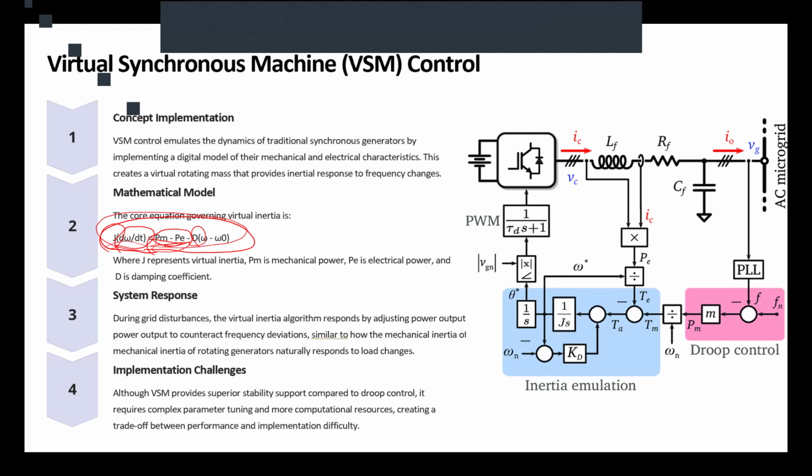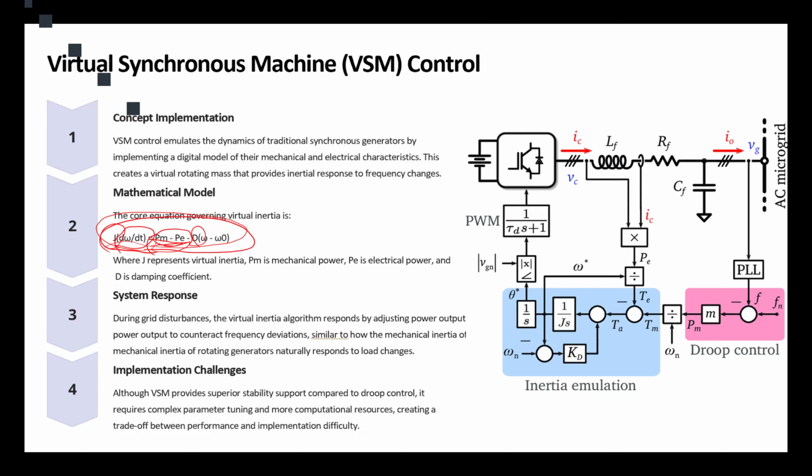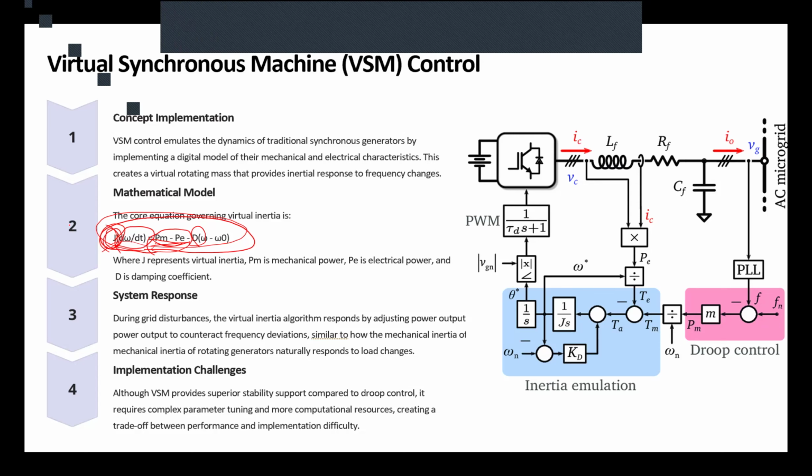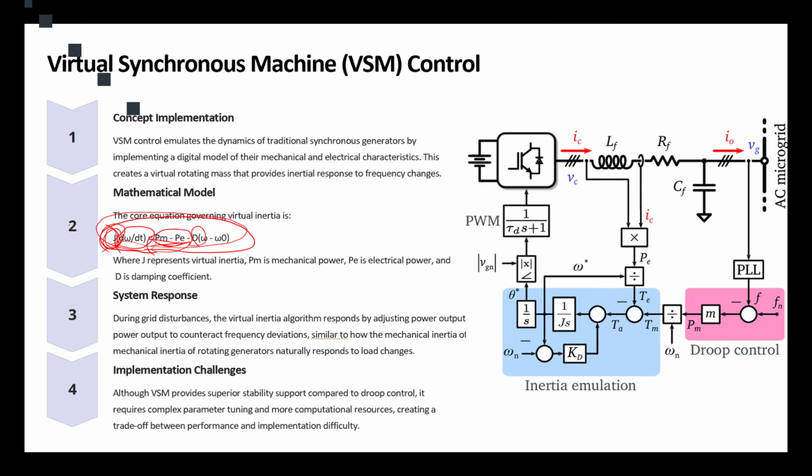Now, we want to use that formula to mimic the dynamics of our inverter, so we want to treat the inverter like a synchronous machine. And that J, the equivalent value that we define based on our calculation, is the virtual inertia that we talked about. In this control mechanism, we have the quantity of the virtual inertia that we create using the grid forming unit. Are we good on that?